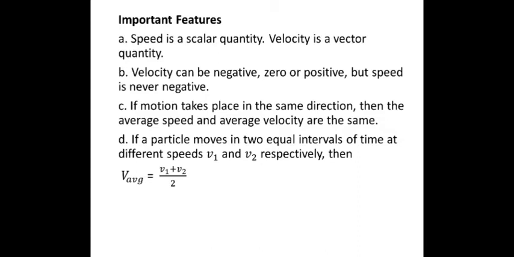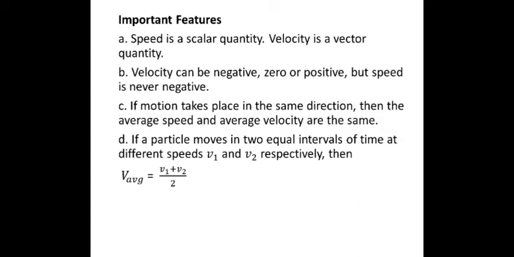Next feature: if a particle moves in two equal intervals of time at different speeds, v1 and v2 respectively, then its average velocity is v average equal to v1 plus v2 divided by 2.